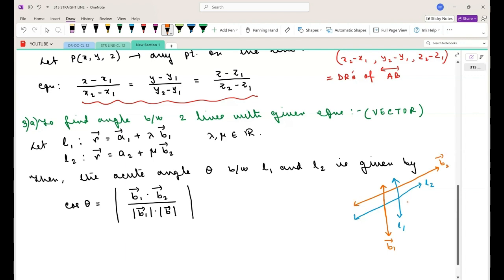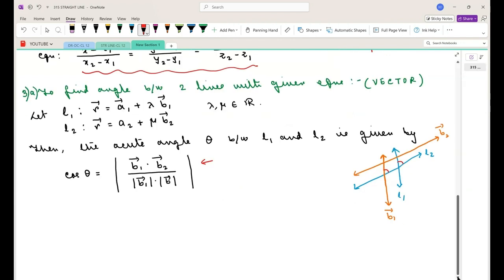So from the line, you are going to the vector. So when you are asked to find the angle between L1 and L2, whether it is acute or obtuse, whatever, the angle between L1 and L2 is the same as the angle between b1 and b2 because they are parallel to these lines. So from the vector chapter, you know how to find the angle between two vectors b1 and b2, and that is precisely this formula. So that is how we calculate the angle in the vector form. Now we go to the Cartesian form.